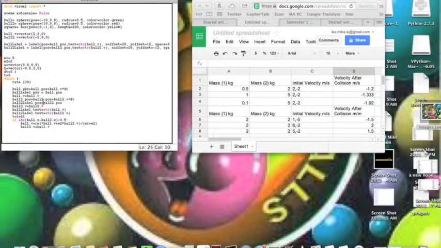The ball label just follows the ball's position. Next is ball 2 position, the same thing as the ball position before it. It just moves ball 2 around. Same thing with the ball 2 label. The label just follows the ball.